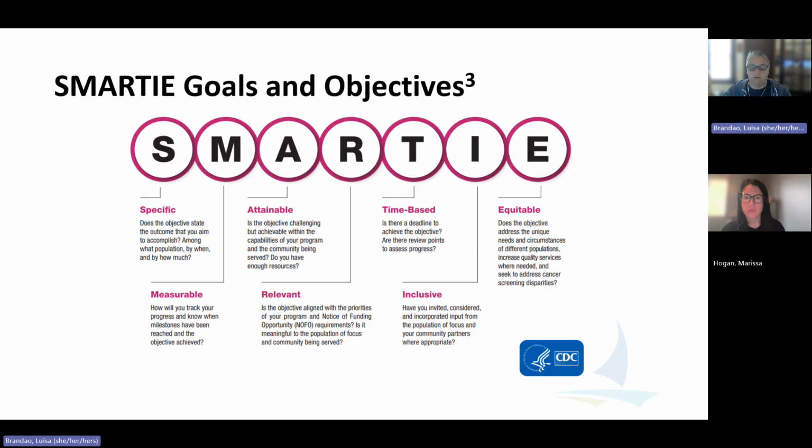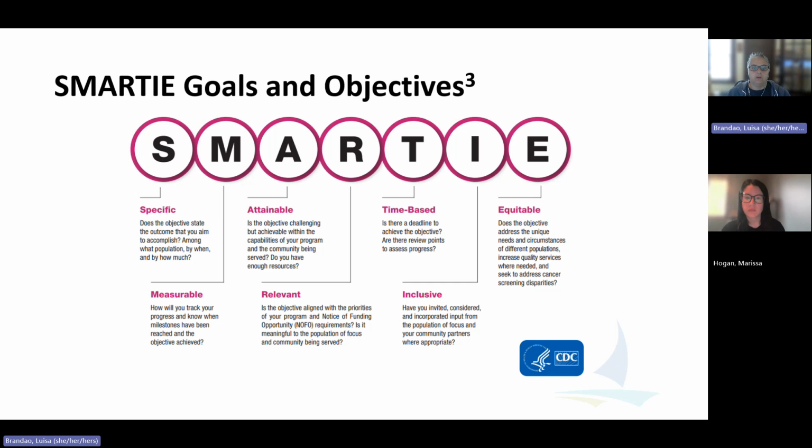So are there time points at which you'll review progress, so that you're seeing that you're making progress on your objectives? And then it used to be SMART goals and objectives, and we've added the I and the E. So I for inclusivity and E for equitable.